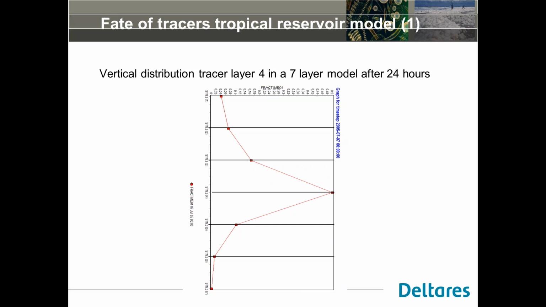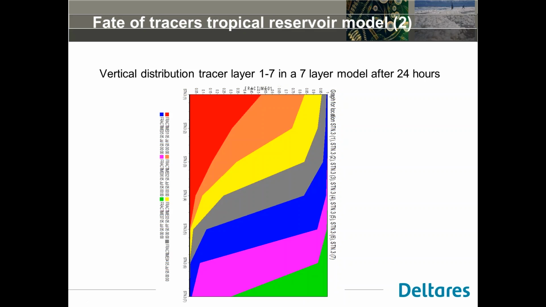Of course, in the model we do this not for one layer and one tracer, but we do this for all layers and all tracers simultaneously. And again, looking at one representative day, you get a picture like this, showing that, for instance, the tracer released in layer 1 spends about 50% of the amount of time in layer 1 and gets mixed up to layer 4 or 5 during this time step.